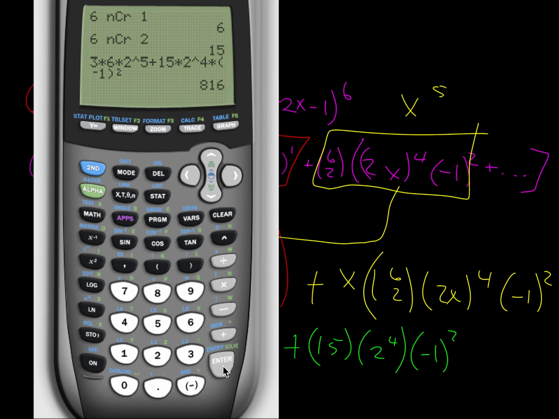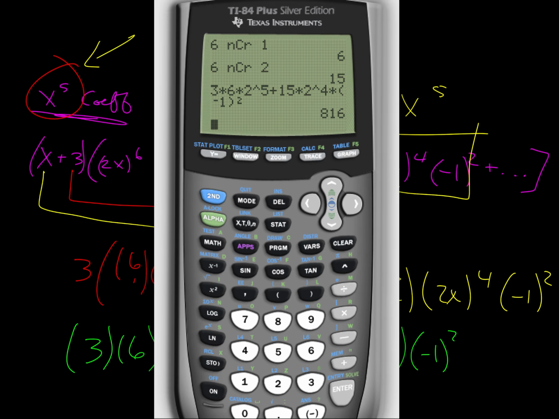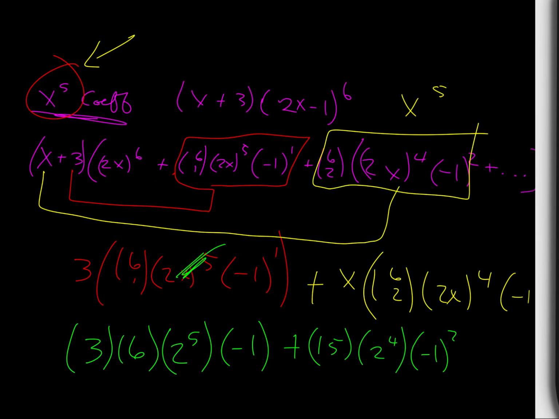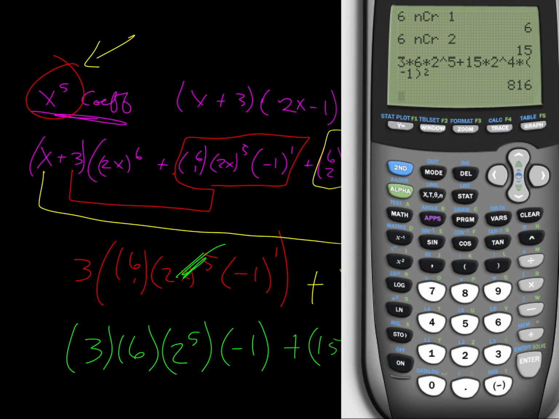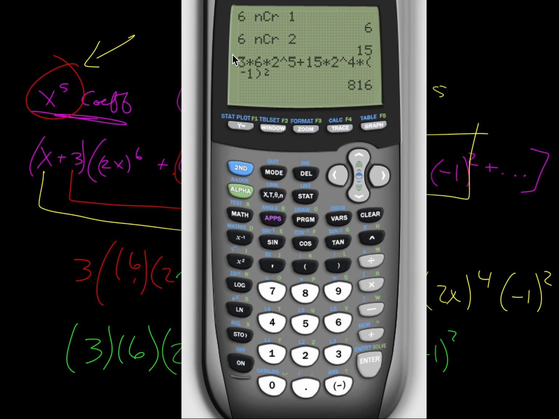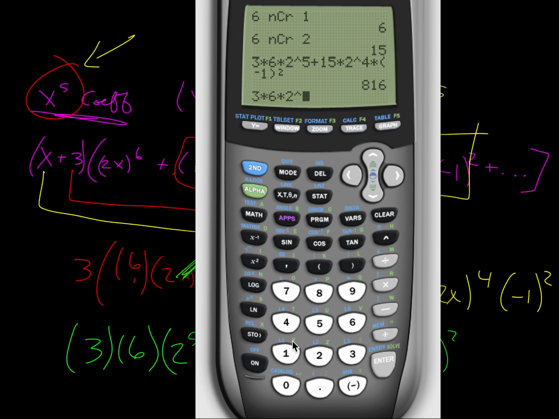Okay, and that didn't quite work out. Let's see, why didn't that work out? Where did I mess up? Ooh, I see what I messed up. I left out my -1 right here. So let me try that again. 3 times 6 times 2 to the 5th times -1.